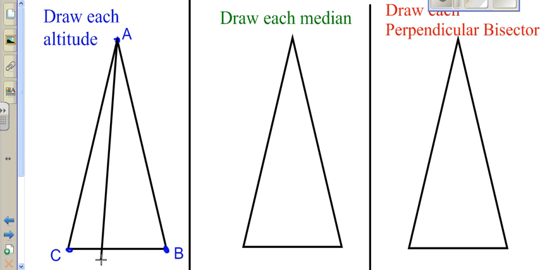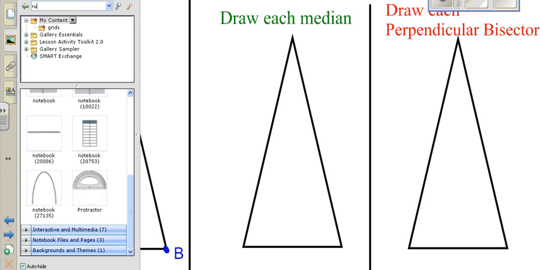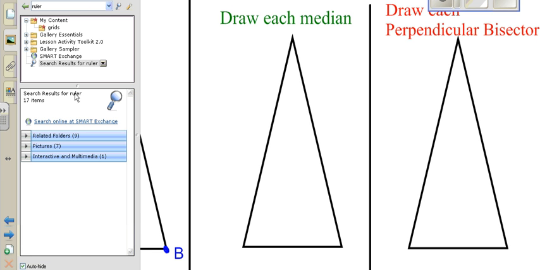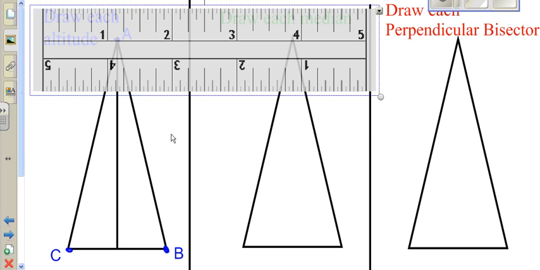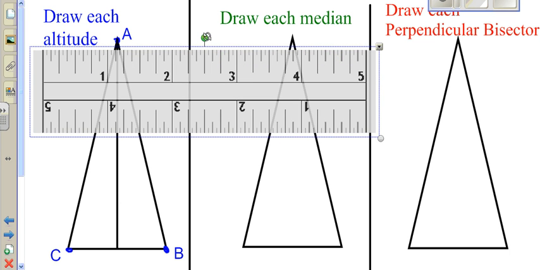Right now, that's not it. Okay, so let's say that's the line I chose. The way you'd check it would be to take something that is a right angle. This ruler has a right angle on the corner.